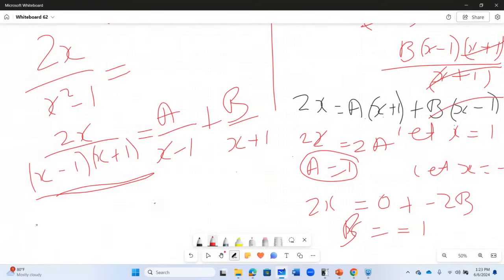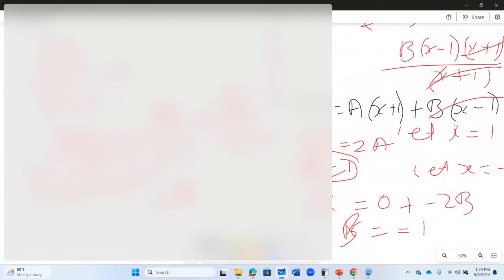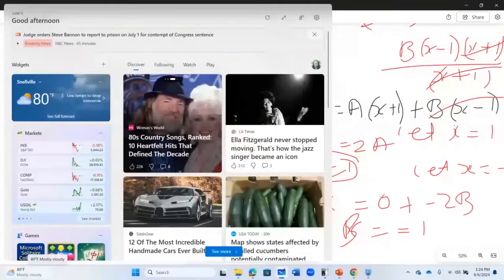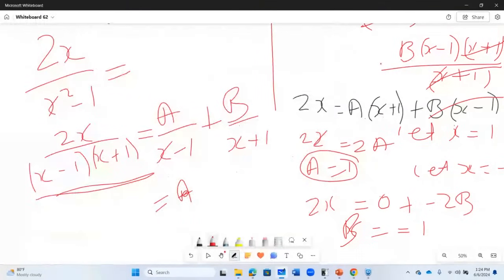So that is how you get A over, and first of all you put in all the values of A and B. So you have 1 over this and negative 1 over this. Okay, and this section is always long, so make sure you study that.